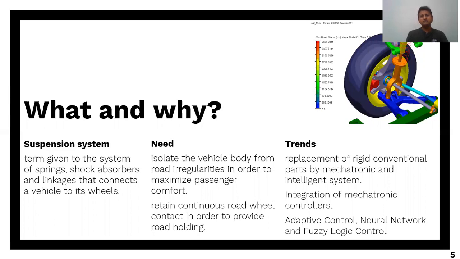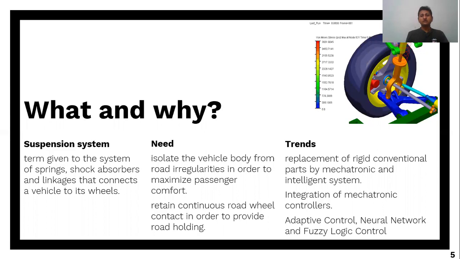And why is it used? The objective of using a suspension system is to isolate the vehicle body from the road irregularities in order to maximize passenger comfort, or retain continuous road wheel contact in order to provide road holding and better ride comfort to the occupants or passengers.